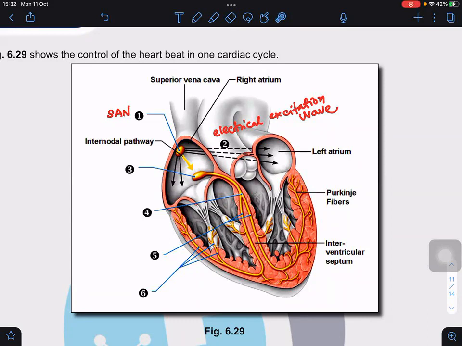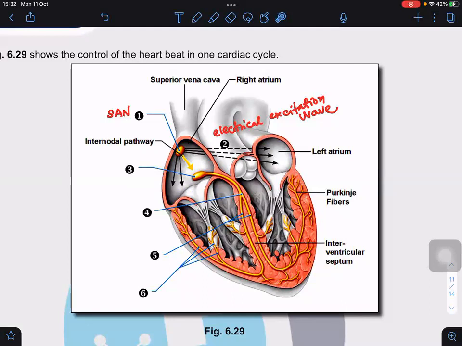So first, the SAN sets the rhythm. The SAN contracts and spreads out this electrical excitation wave. This wave will be received by the cardiac muscle of the right atrium and also the left atrium, causing the atria to contract simultaneously. Both of them contract simultaneously. But if we look at which one first, yes, right atrium first, then followed by the left atrium.